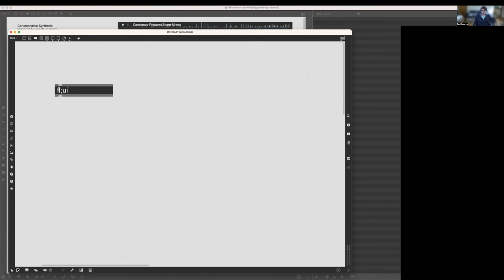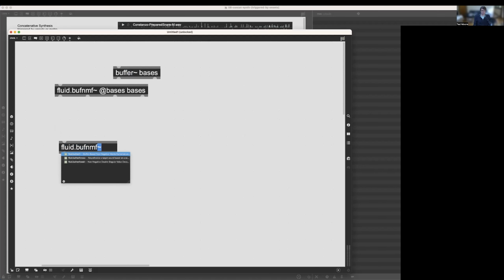So if you use fluid.buf NMF, and you give it a buffer at bases, which is how we got the bases out when we did our analysis in order to be able to give the bases to NMF filter or NMF match, we could then use these bases in another fluid buf NMF operation by specifying the same thing.